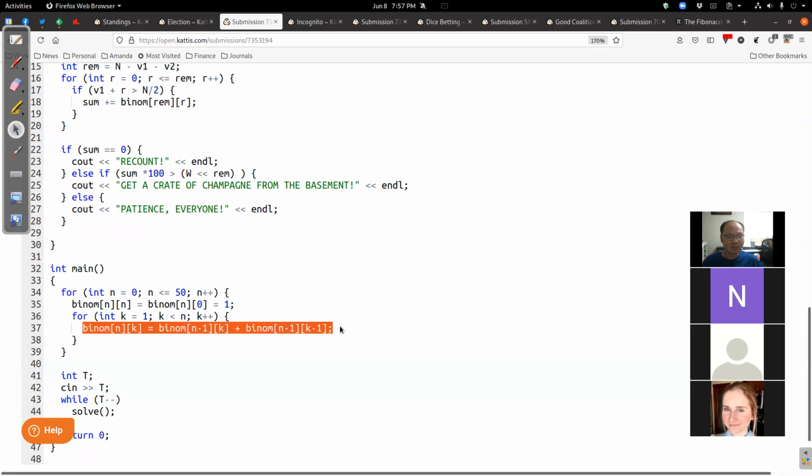I can't say that it's always the way to go, but usually that's the easiest way to count. And we'll see that again in some of the problems later. But when you're asked to count something, if it's not obvious what the answer is, you should think about, can you break it down into smaller problems and recurse? Because that's a very common technique that works when you do combinatorics.